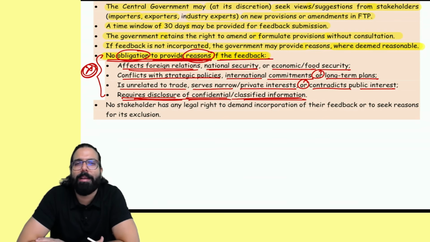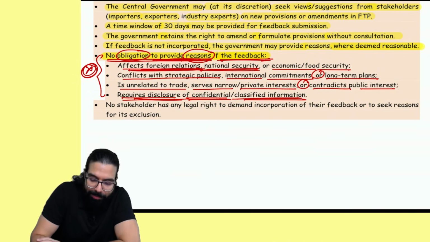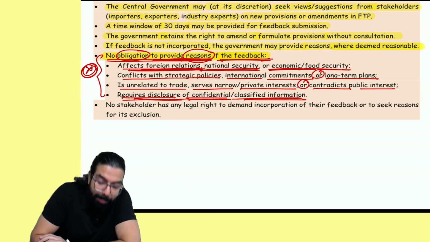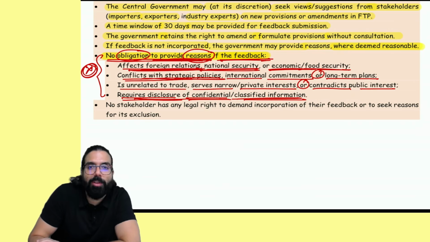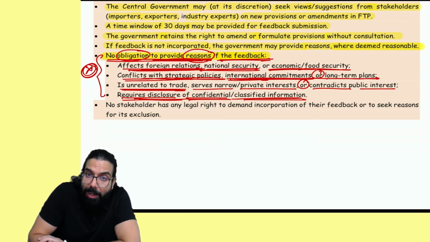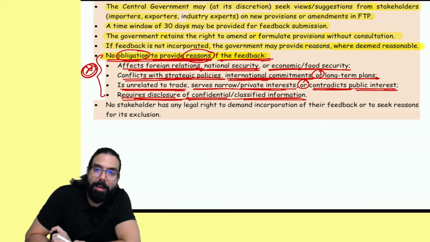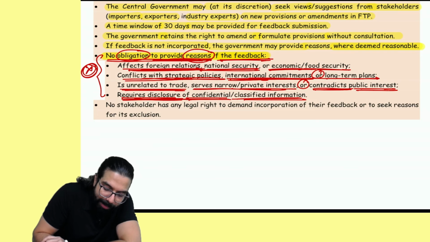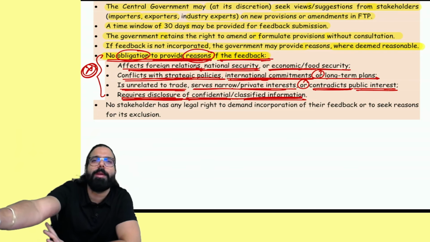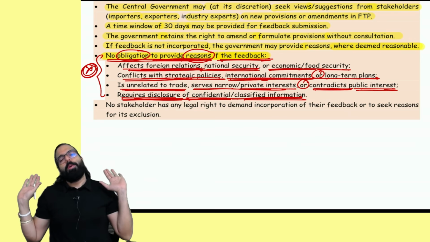Number one, if the feedback affects national security, foreign relations, if the feedback affects economic and food security, if the feedback is conflicting with strategic policies of the government, if the feedback is in conflict with international commitments or long-term plans, if the feedback is unrelated to trade and serving narrow interest, if the feedback is contradicting public interest, if the feedback relates to disclosure of confidential information, then government will not give the reason why it has not incorporated that feedback in the policy.